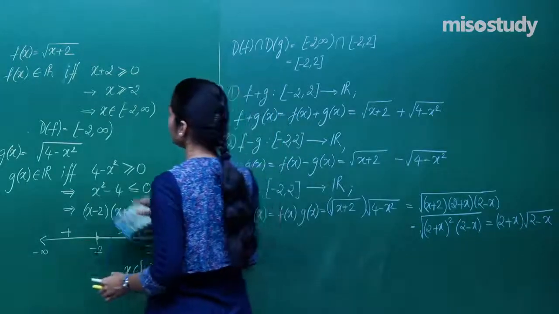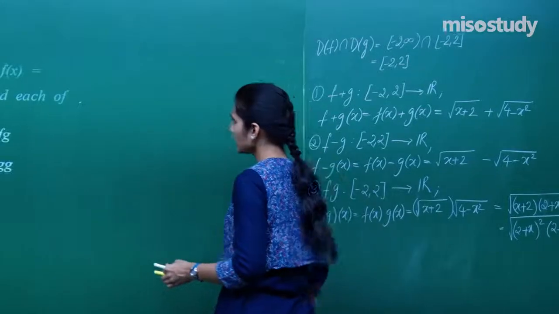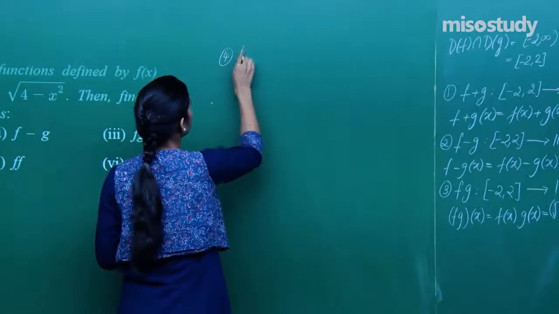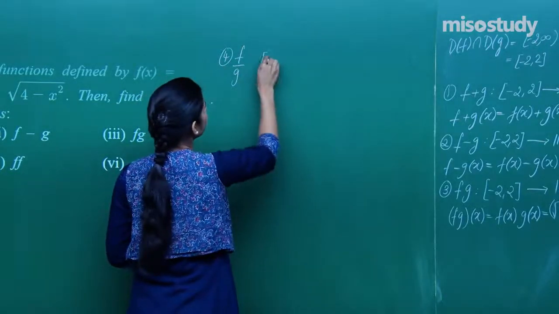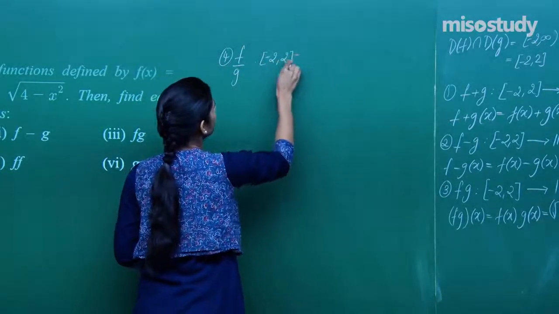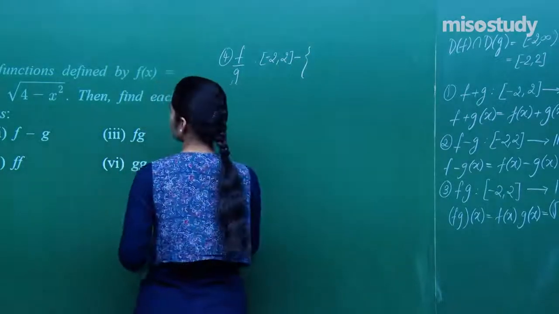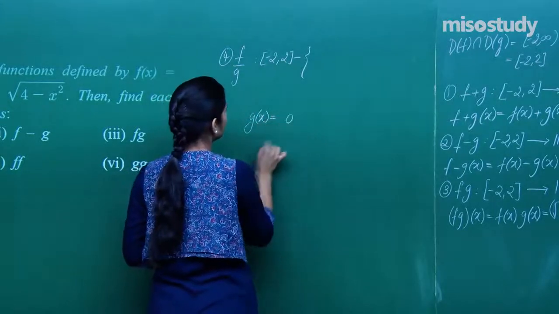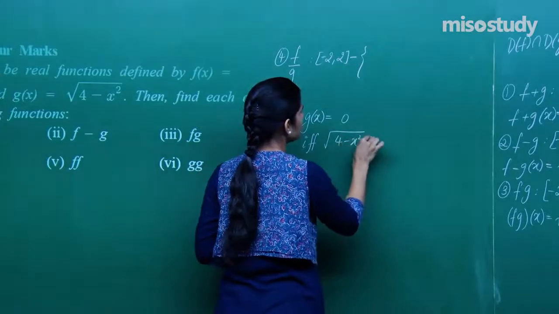Exactly in a similar fashion, let's calculate f by g, but what is f by g's domain? Domain of f intersection domain of g minus all those x where g(x) is 0. Let's see when g(x) is 0. G(x) is 0 if and only if root over 4 minus x square is 0.